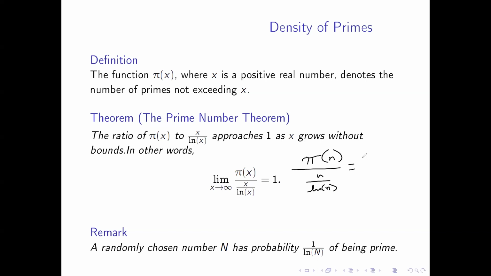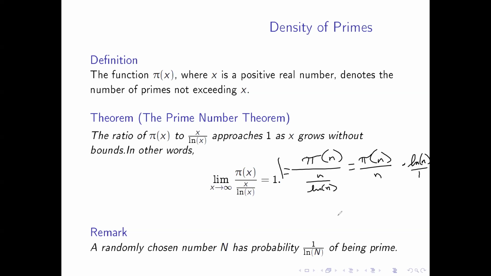Well, that's the same thing as phi of n over n times the natural log of n over 1. I'll put it over 1 because I can just take this and essentially flip it. But this thing equals 1, or it's approximately 1, as n is really, really big.